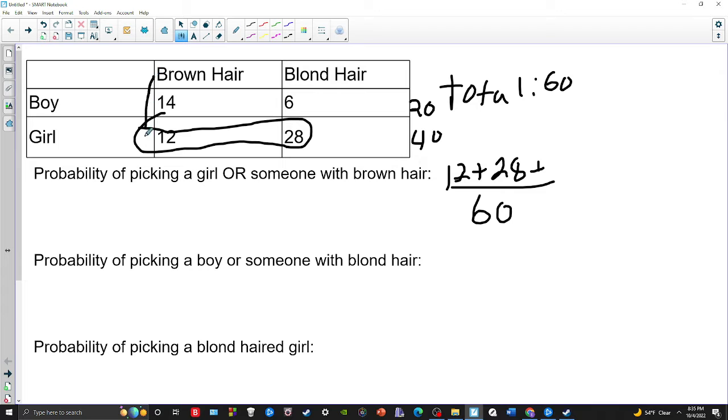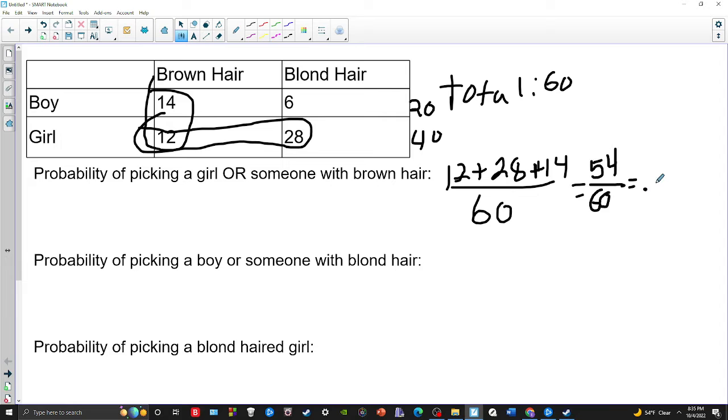Brown hair falls into this category, which includes the 14. So plus 14. I do not count 12 twice, even though it's circled twice, because I've already counted it once. I don't want to double count those people. So it'd be 12 plus 28 plus 14, which is 54. So it'd be 54 out of 60.